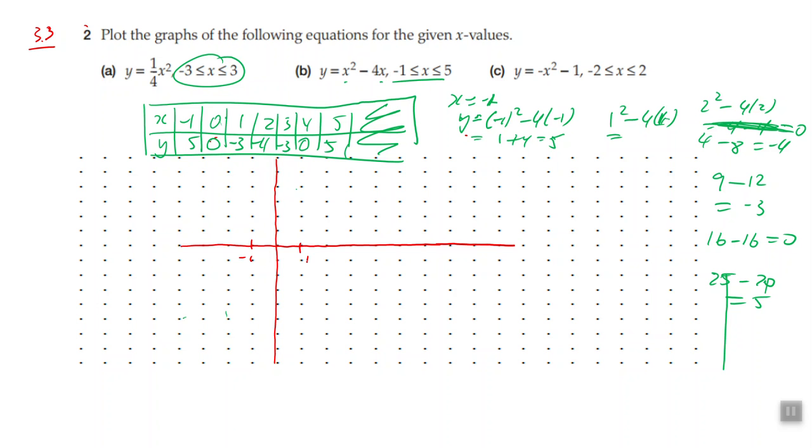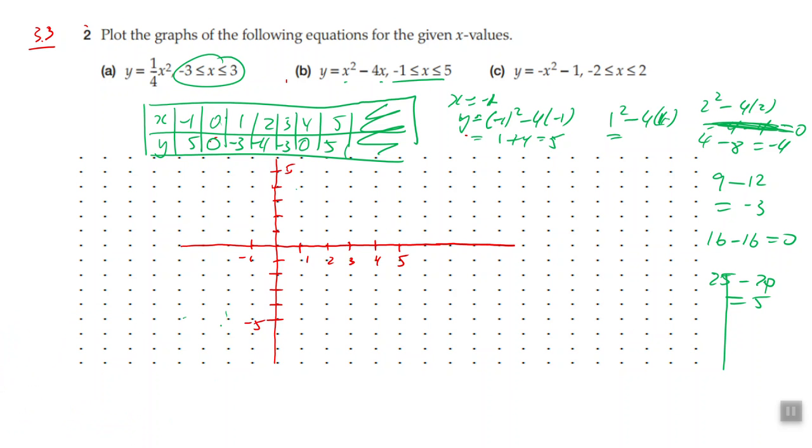We're going 1, 2, 3, 4, 5. And what you notice is the y values go from +5 to -5. So we go 1, 2, 3, 4, 5, and -1, -2, -3, -4, -5.